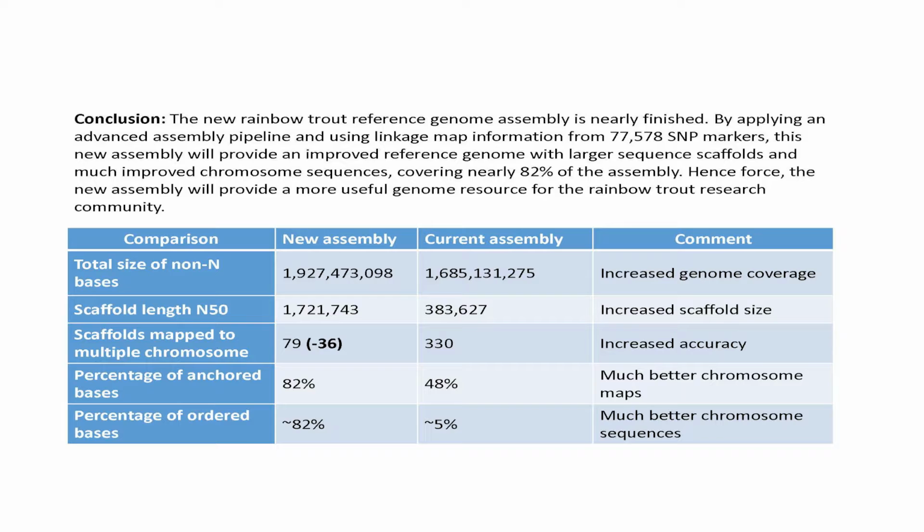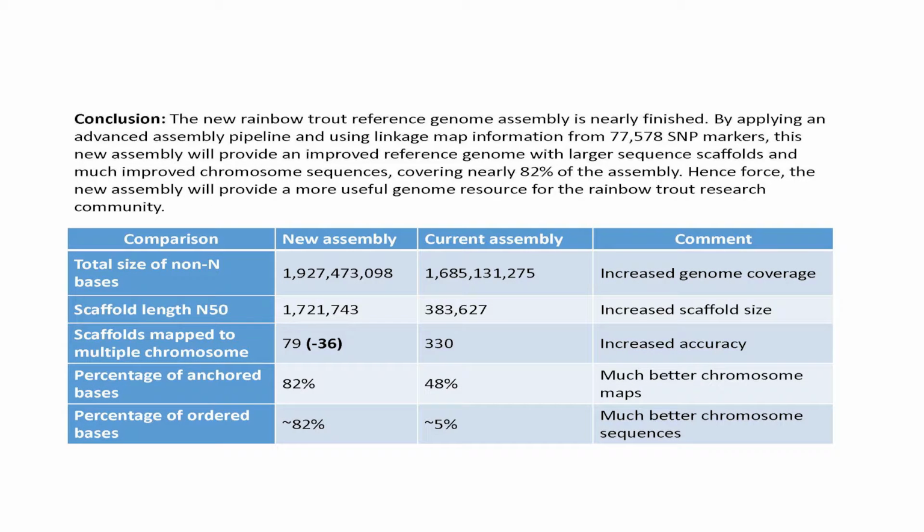So this table shows, at the end, I want to show the comparison of the new rainbow trout genome assembly with the current rainbow trout genome assembly. We can see that the size of the assembly is increased a little bit, and the scaffolds mapped to multiple chromosomes, the current one is 79.